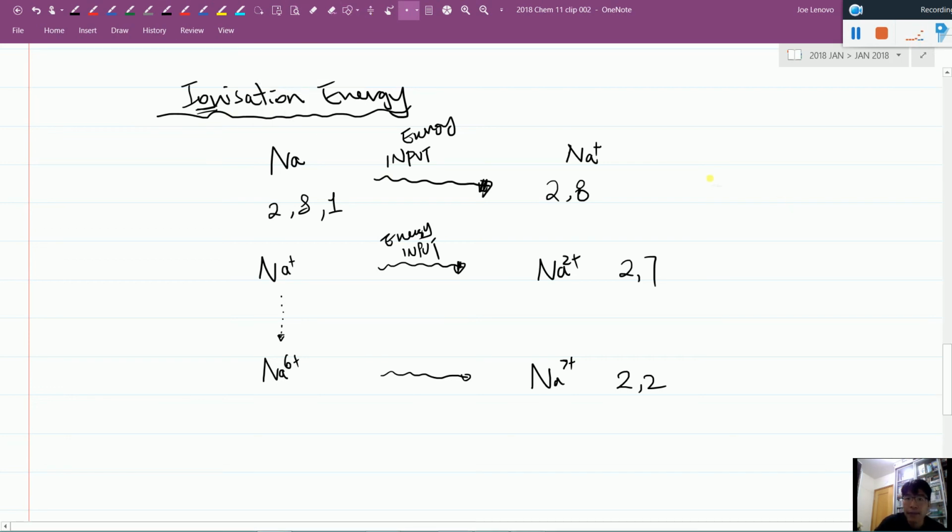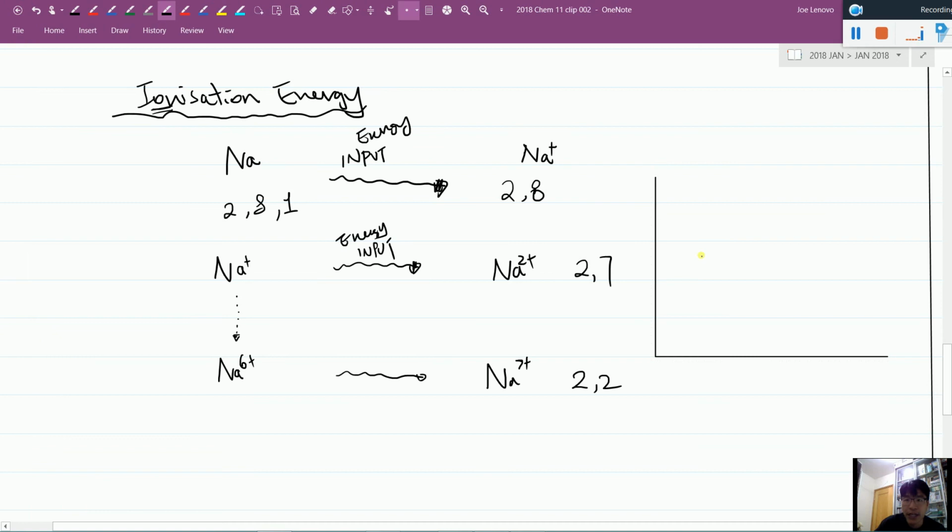If you look at your book, it should be able to explain to you a bit better if you search for ionization energies. For ionization energies, the Y-axis is the energy input, the ionization energies, and the x-axis would be just the number of electrons. So here would be 1, and then 2, 3, 4, 5, 6, 7, 8, 9, 10, 11 electrons in sodium.